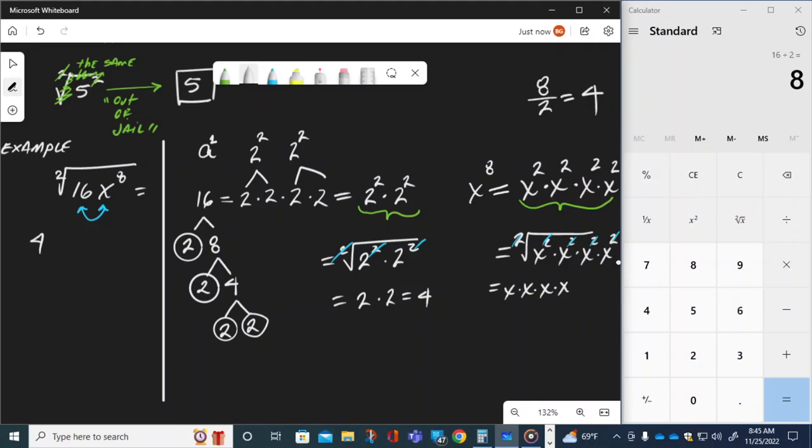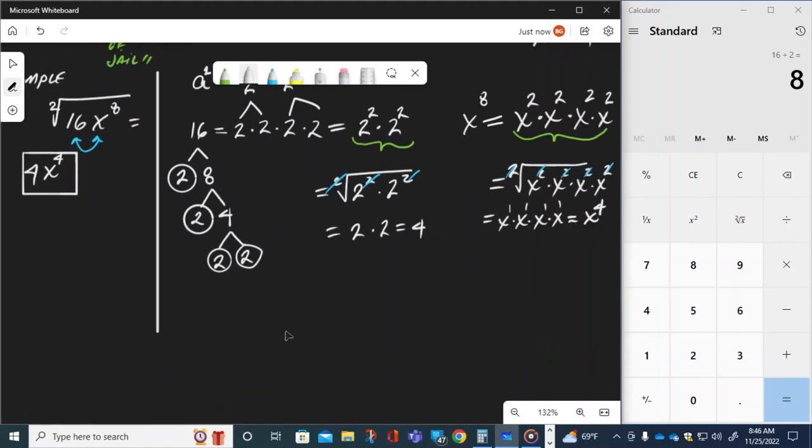Oh, I'm sorry, x to the power of 4, because all these guys have a 1, right? So 1 plus 1, 2 plus 1, 3 plus 1, 4. So x to the power of 4 gets out of jail, and then this here is the answer. Okay? All right, we'll do a more complex example.